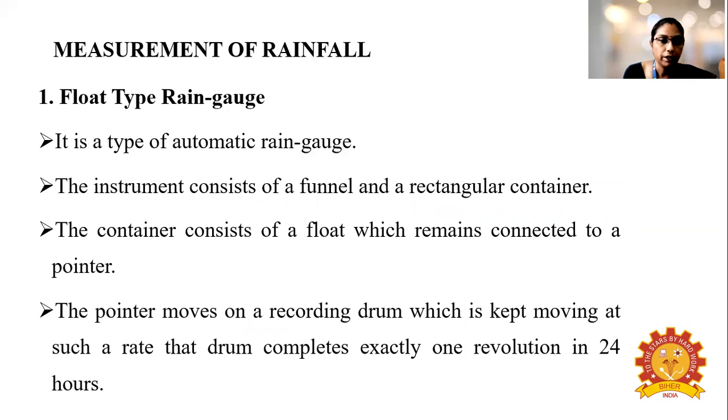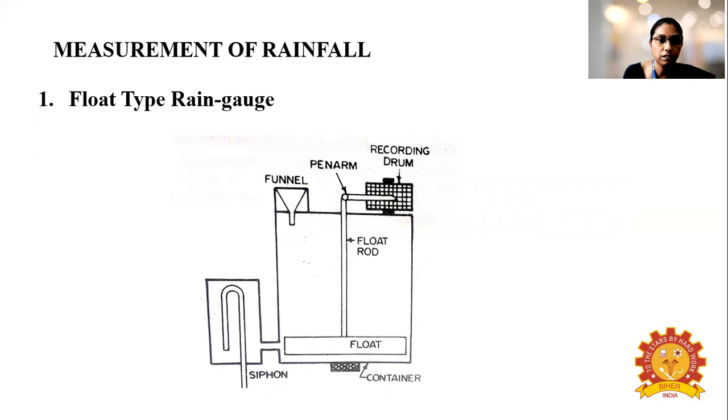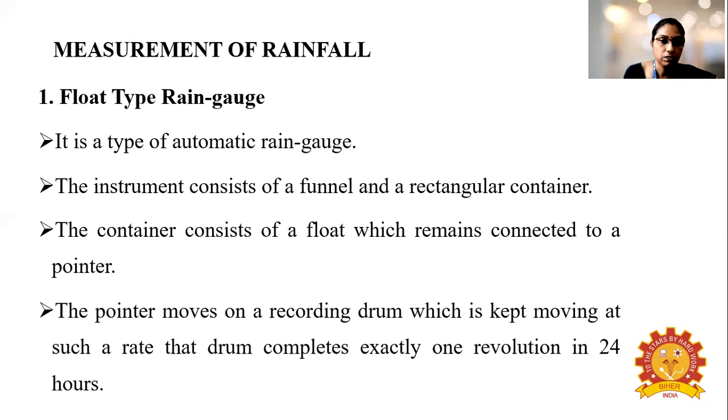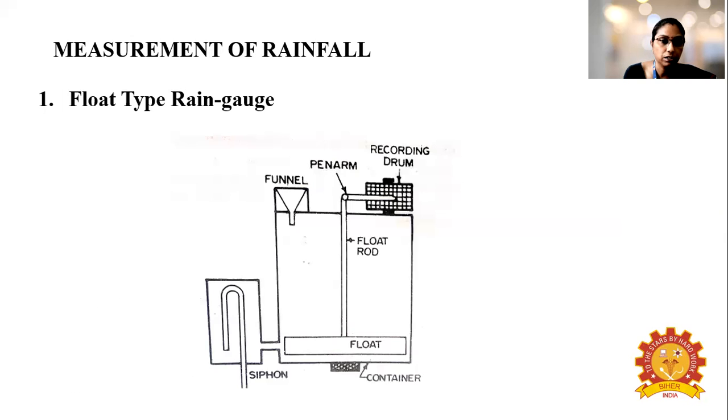So here the pointer moves on a recording drum which is kept moving at such a rate that the drum completes exactly one revolution in 24 hours. So one revolution in 24 hours. The recording drum rotates in 24 hours, it completes one revolution.